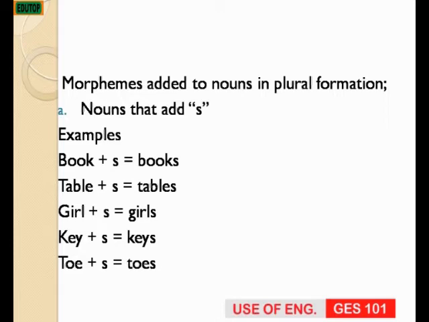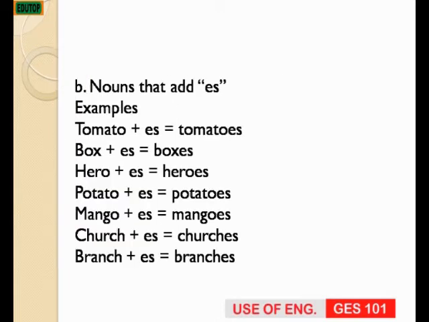The first example I have here is book plus s to give us books, followed by table to give us tables, girl plus s to give us girls, key plus s to give us keys, toe plus s to give us toes. The second category is the nouns that add es.